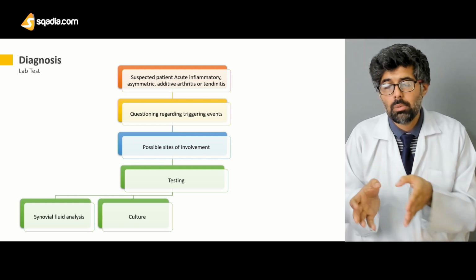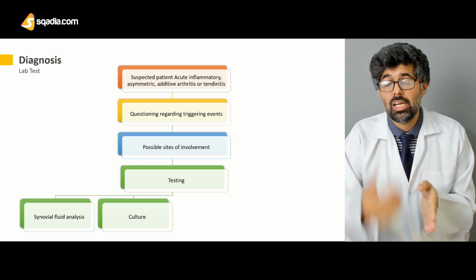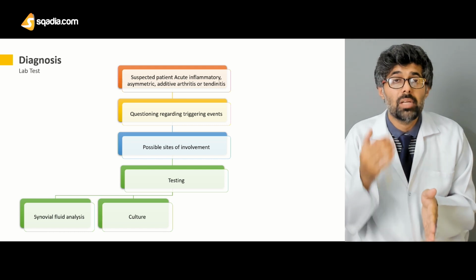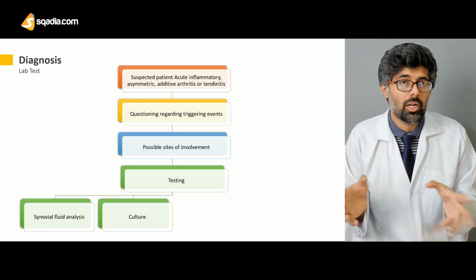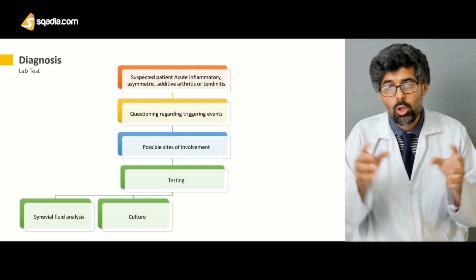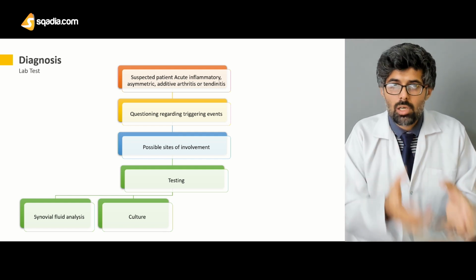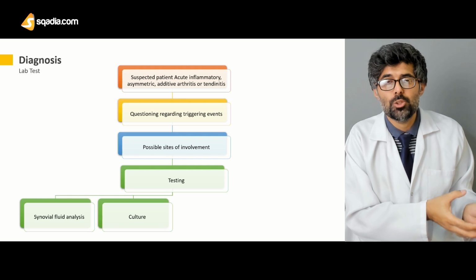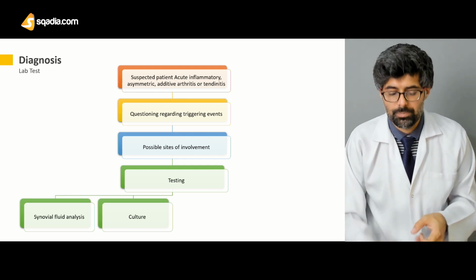Usually, the bacteria which result in reactive arthritis are gram-negative with a lipopolysaccharide capsule around them. Because of this, a culture of a synovial joint can easily be performed.